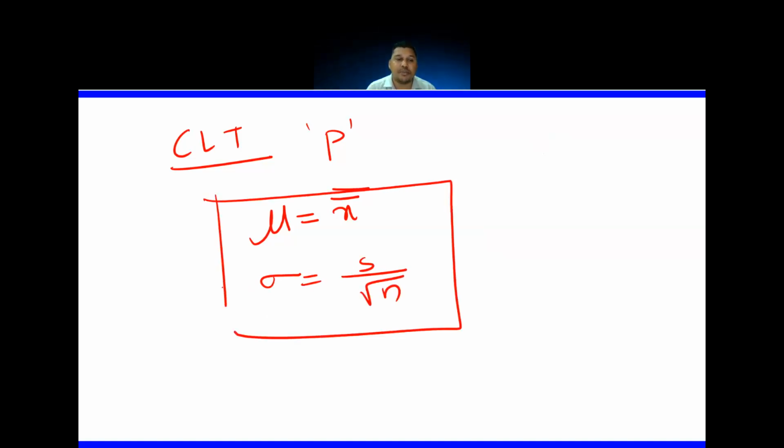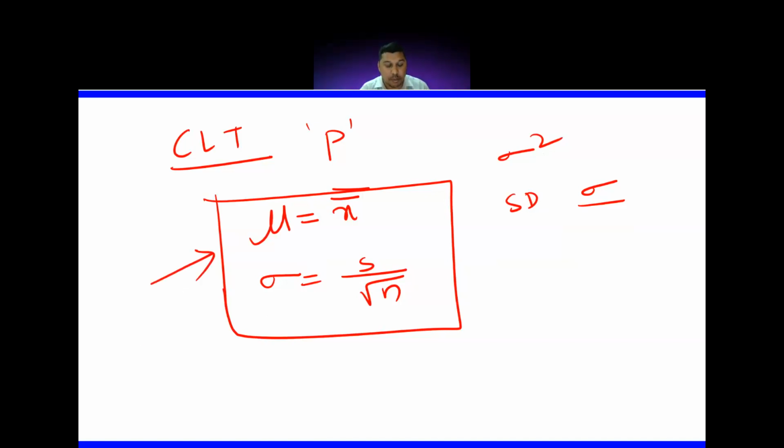You can take variance or standard deviation; variance means square, standard deviation means this only. So sigma equal to s by square root of n. This is your central limit theorem.